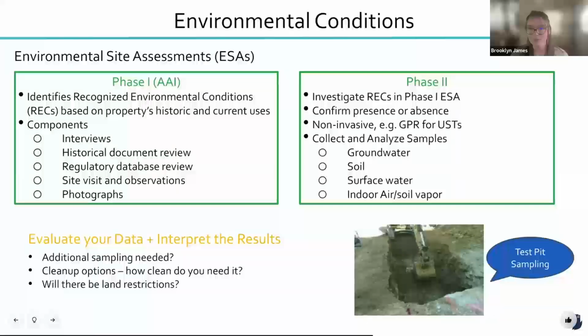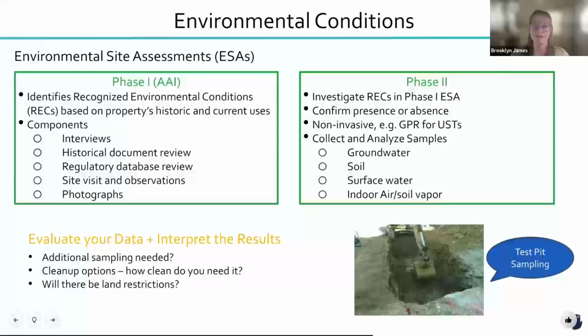contamination. So once you have those results, the next step is going to be to evaluate and interpret them. Is there any additional sampling that's going to be needed? What are your options for cleanup given the results? How clean does it need to be? Does it need to be cleaned up to commercial standards, to residential standards? And that's going to depend on what your reuse is supposed to be.